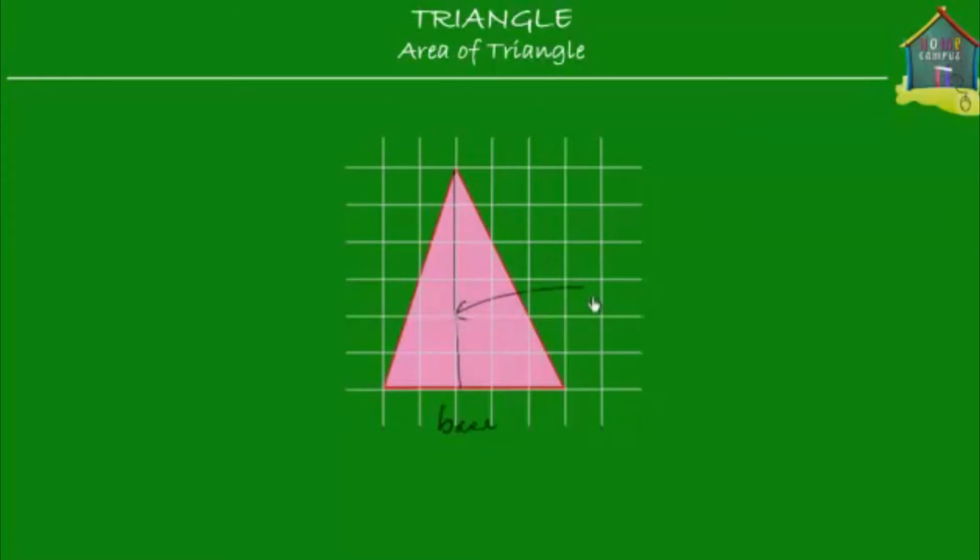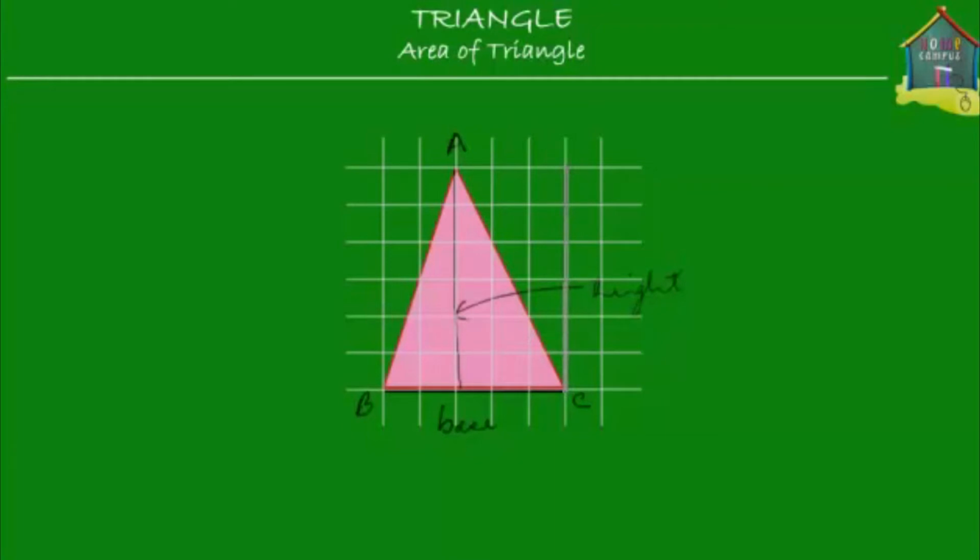I want to show you that the area of this triangle ABC is half of the rectangle made by the base and the height. So let's first make the rectangle that's made of the base and the height. This is the base, so that's one side of the rectangle.